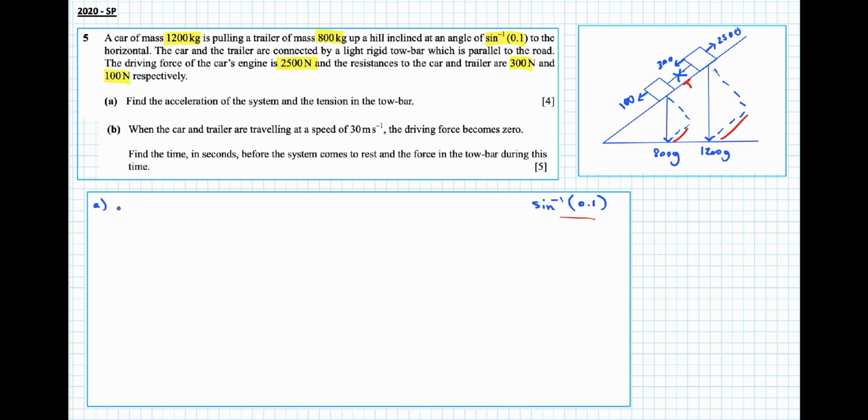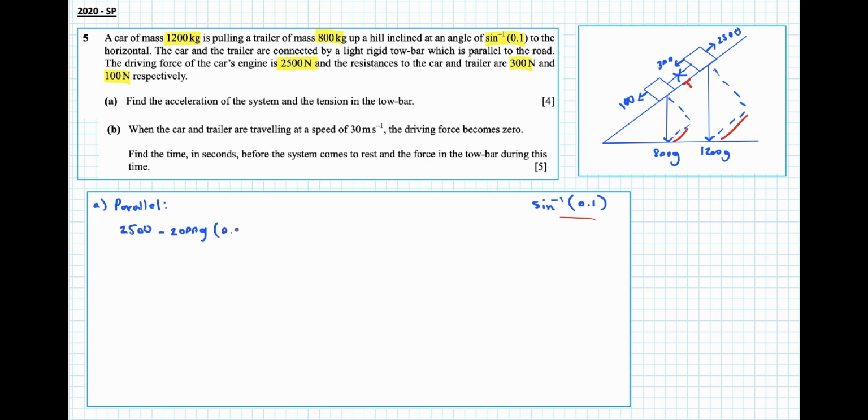First one, I'm going to do the whole system first, so parallel to it all. So parallel to the slope, the incline. Our first driving force is 2,500 minus 2,000 g times 0.1. So 2,000 is the total mass.